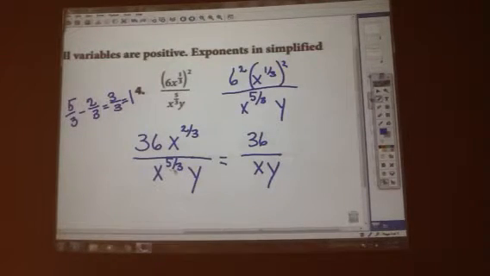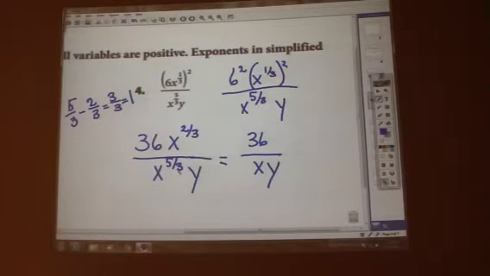I subtracted from it, and why did I subtract from it? Because it's division. Okay, but why did I say it's going in the denominator? Bigger. Where the exponent is bigger, 5/3 was bigger than 2/3, so my answer is going to go in the denominator. When that exponent is bigger, that's where you put your answer.